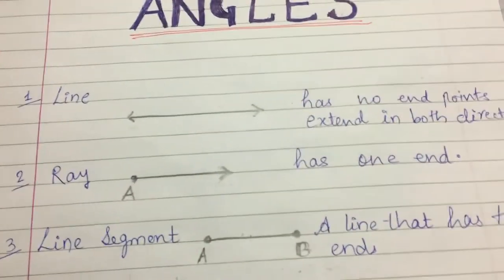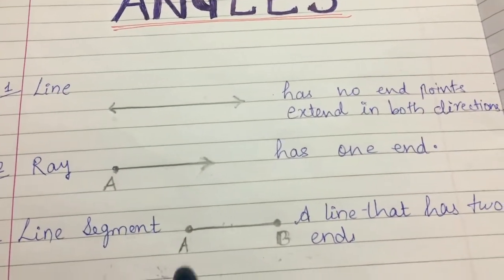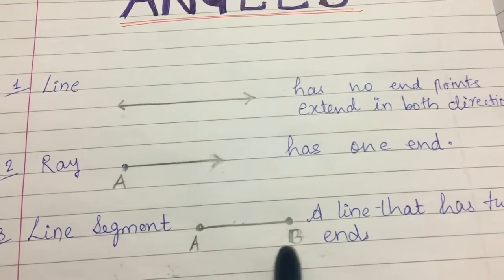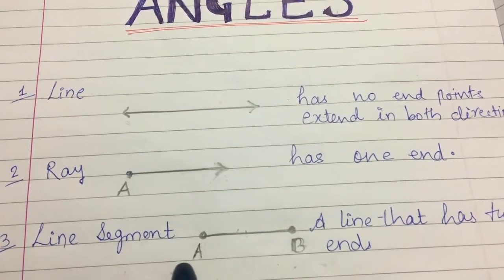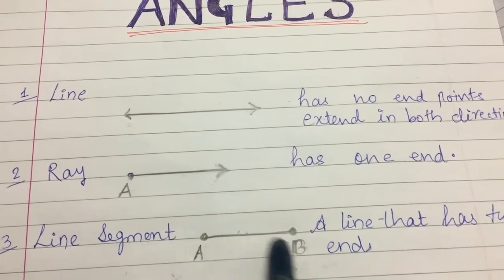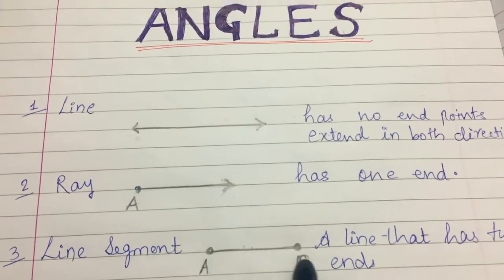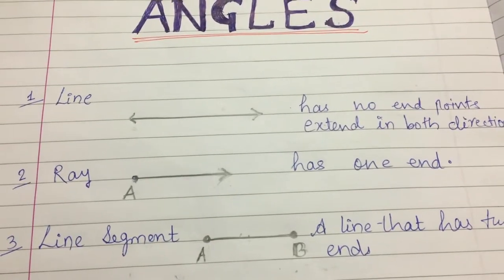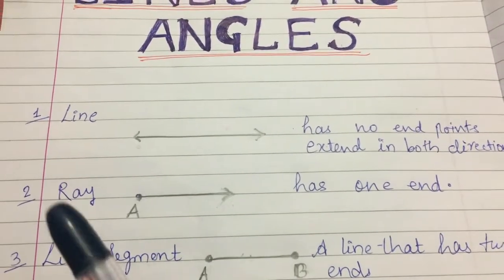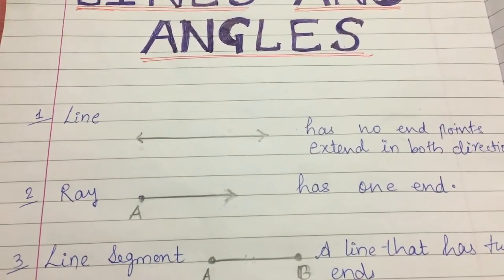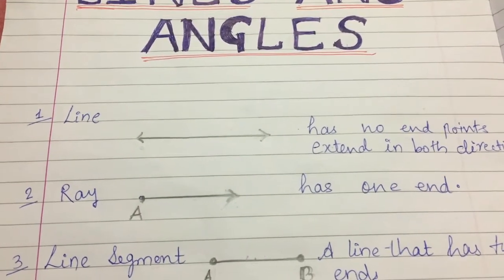Next is your line segment. A line segment has two ends. Here A and B are your two ends, and it is the shortest distance between the two points. So friends, this was about line, ray and line segment, which I already told.